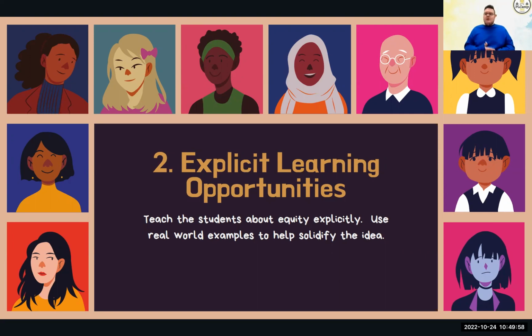With students of preschool, kindergarten, first grade age, we need to make sure that the learning opportunities are explicit. In my classroom, I'm teaching them explicit lessons where we discuss equity, discuss the term, discuss why the term fair that they've learned in the past is not necessarily a term that we use in our classroom.